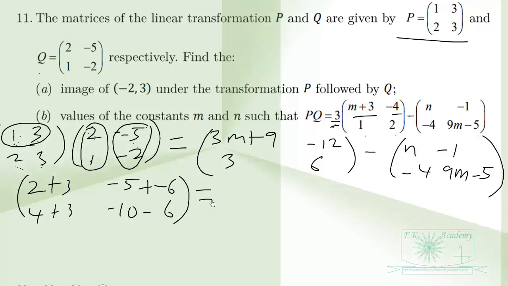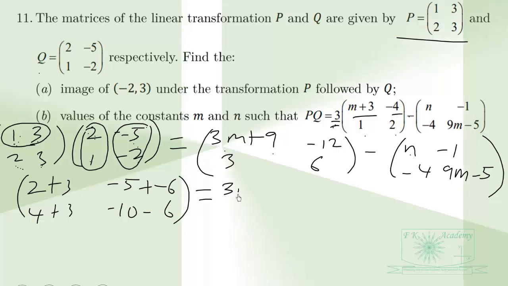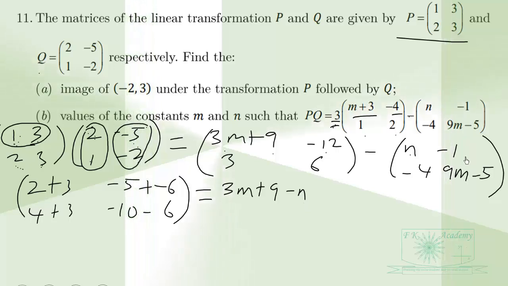So this will be equal to, we have subtraction of matrices here. So we subtract the corresponding entries, corresponding elements. 3m plus 9 minus n. So we have 3m plus 9 minus n, negative 12 minus negative 1, so that will give us negative 11.